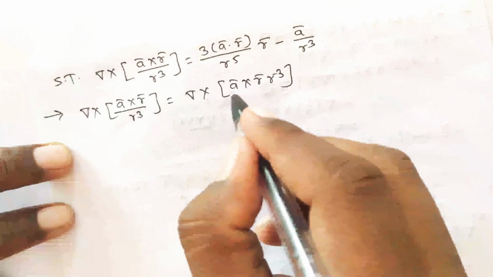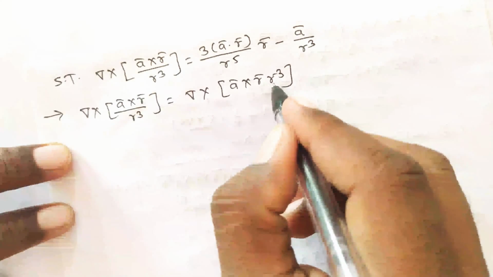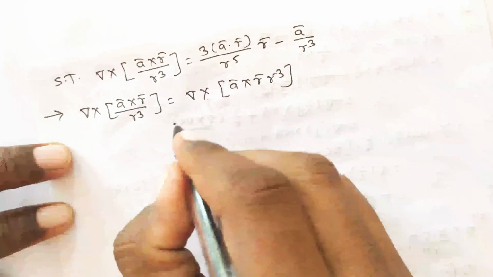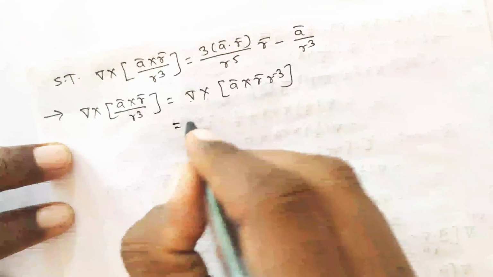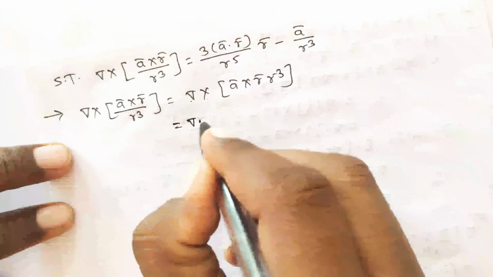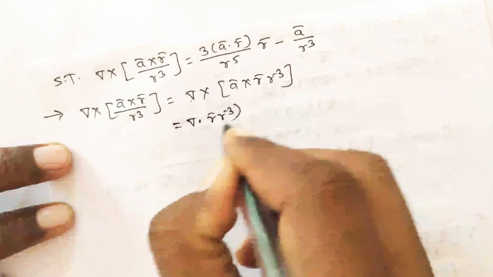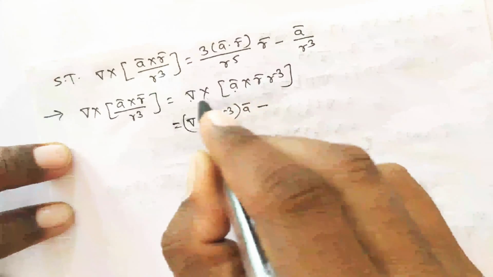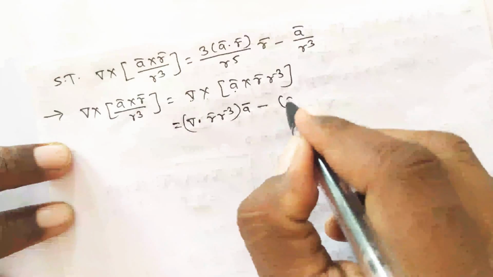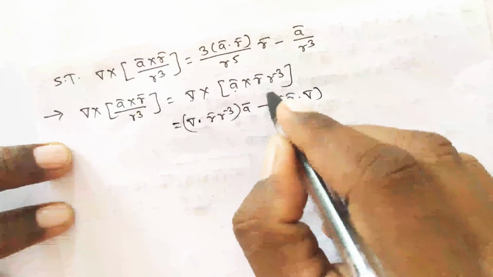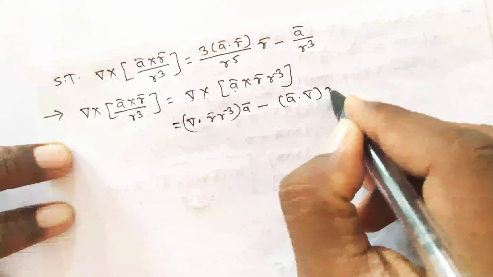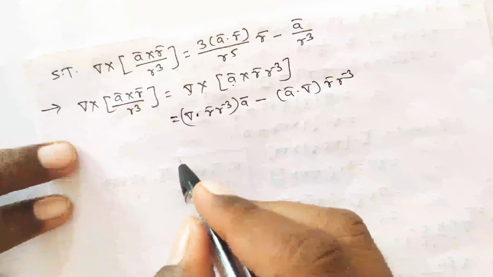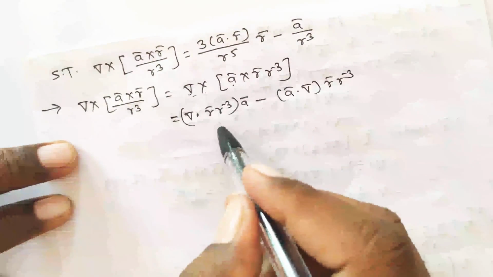So del cross (a bar cross r bar into r raised to minus 3), using the vector triple product a bar cross b bar cross c bar, is equal to: del dot r bar into r raised to minus 3, into a bar, minus a bar dot del of r bar into r raised to minus 3. We can write this result.